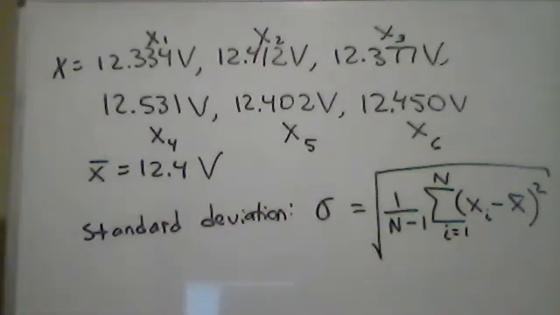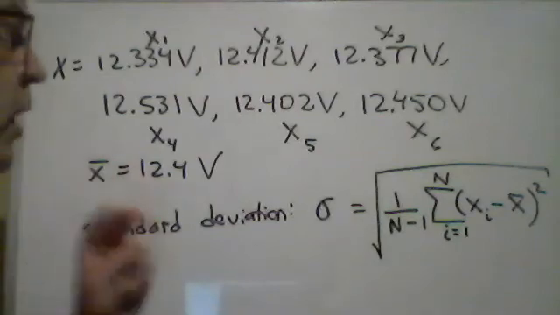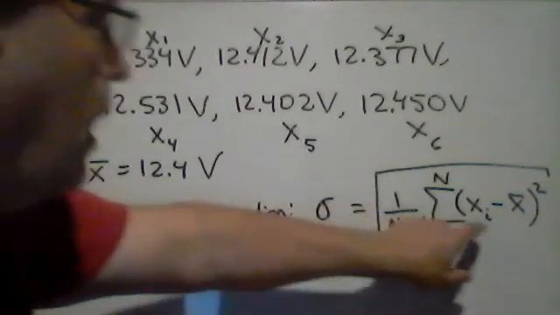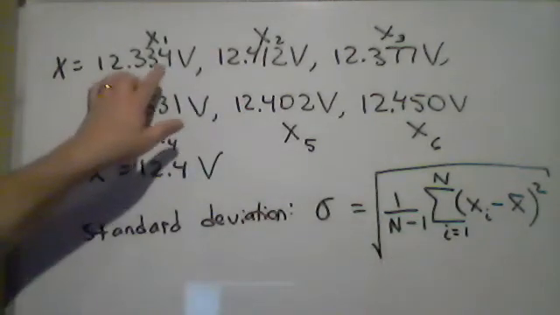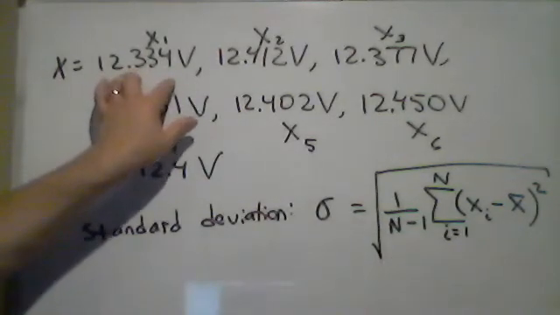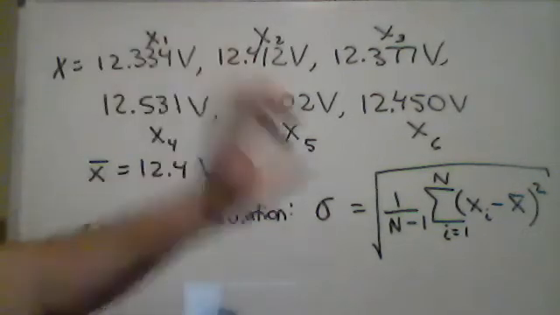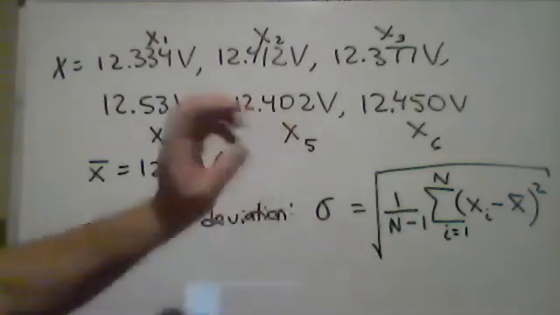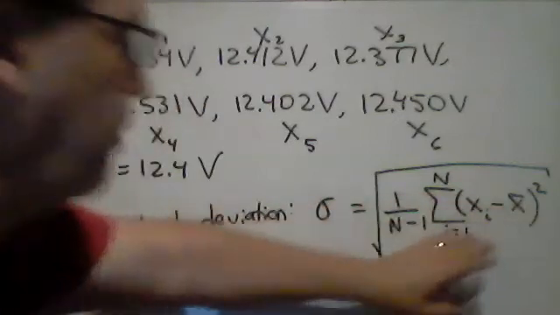Well, this x sub i minus x bar, I already figured out x bar. What I want to do is figure out for each data point, how far away is it from the average? That's called a deviation. I'm going to add up all the squared deviations, all the distances from the average for all the data points.